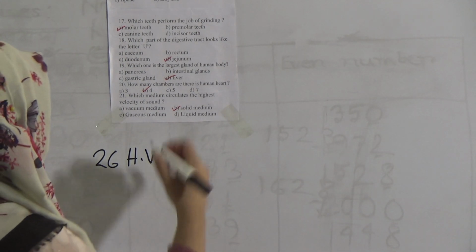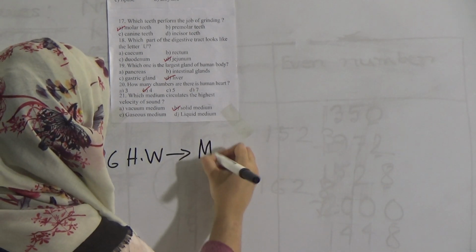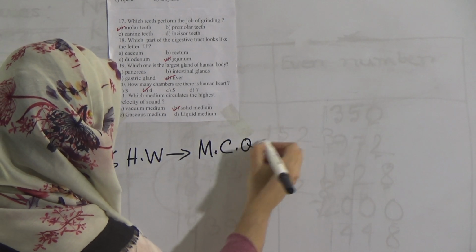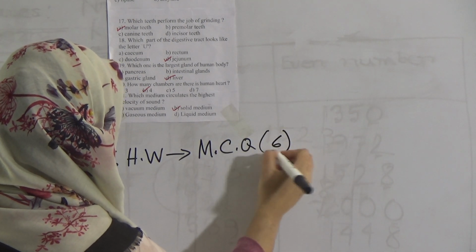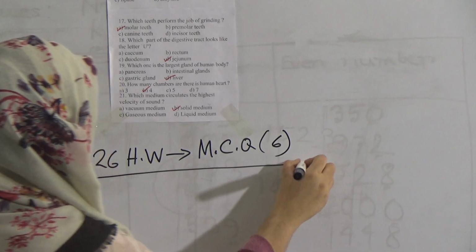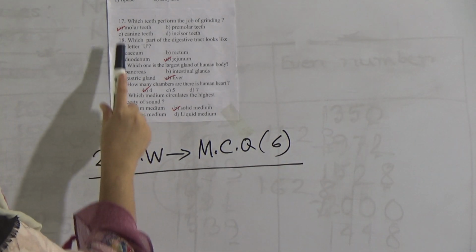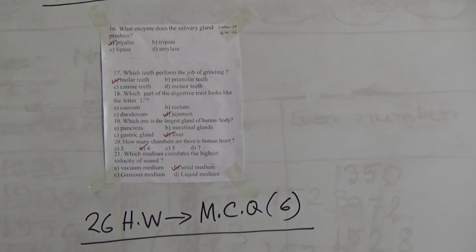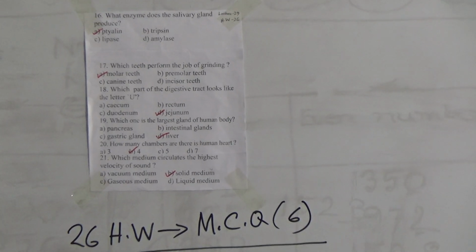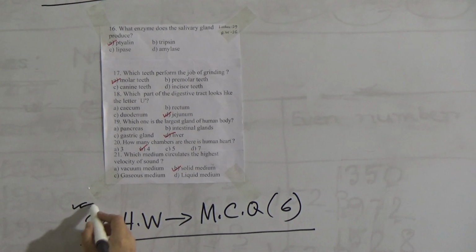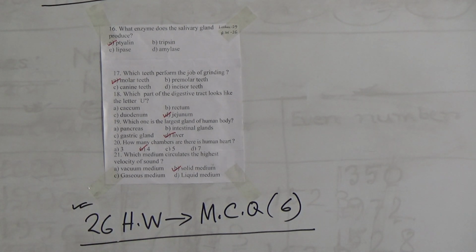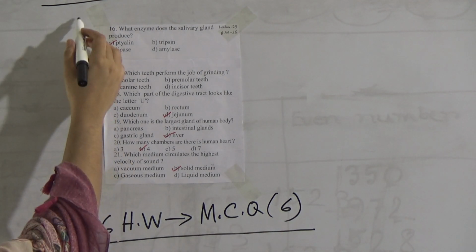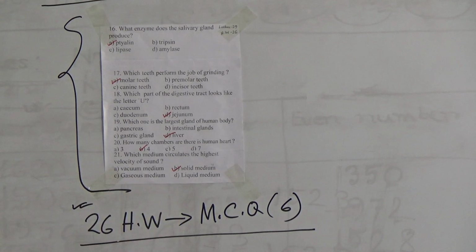Your SW will be these 6 M.C.Q. You have to write the question and options with the answer. Student, I am repeating this SW. Your SW number is 26, and your SW will be 6 MCQ questions and answers, that means all of these.